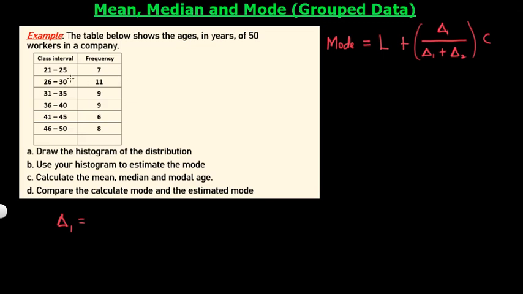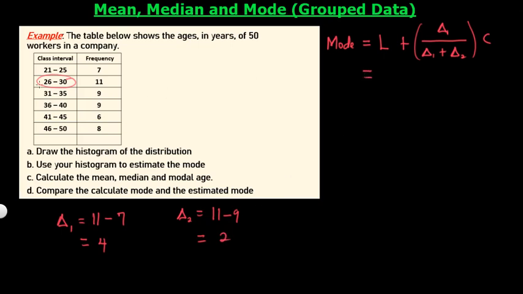This place is the modal class because that's where we have the highest frequency. Now the difference between these, that's 11 minus 7, that gives us 4. Delta 2, which is the difference between this and this, that's 11 minus 9, that gives us 2.